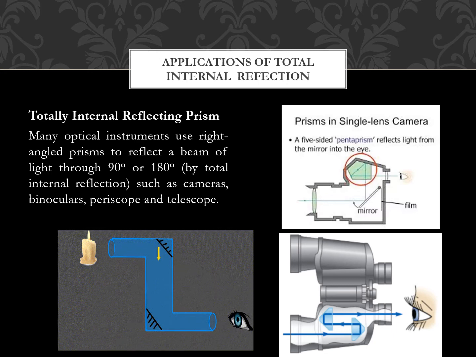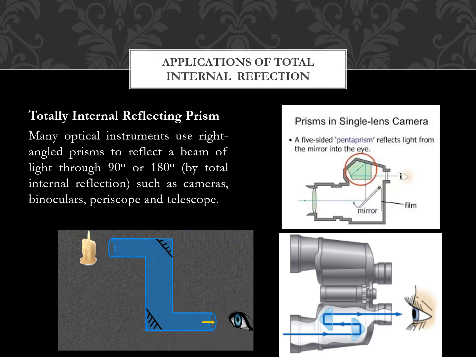Similarly, if you look at the periscope, you will see in the animation that the light ray comes and strikes the prism at right angles, and then the reflected ray again strikes the second prism and then enters the eye and makes the image.